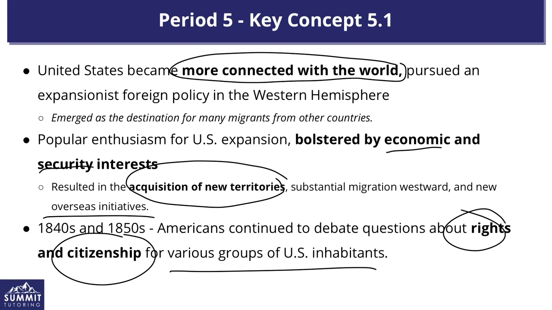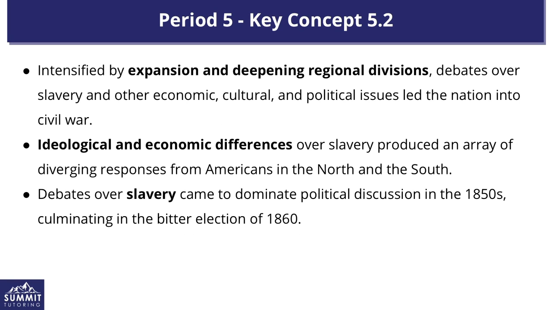And some Americans really believe that everyone in the U.S. should have the same rights and same citizenship, and some Americans are going to believe that they're not going to have that at all, and they think that they're not really Americans even though they're here, and that they should be treated poorly.